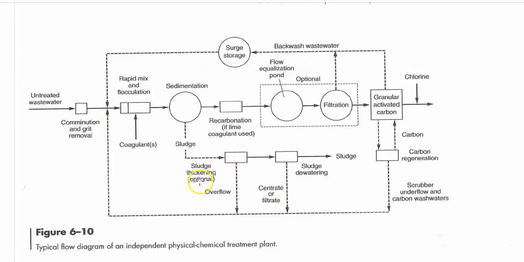Part of our research, we have two master students during their thesis work, is can we treat this reject water in such a way that it causes less disturbance to the coagulation process? Because that is an issue on most of these plants, is you treat the sludge only during working hours when people are there.